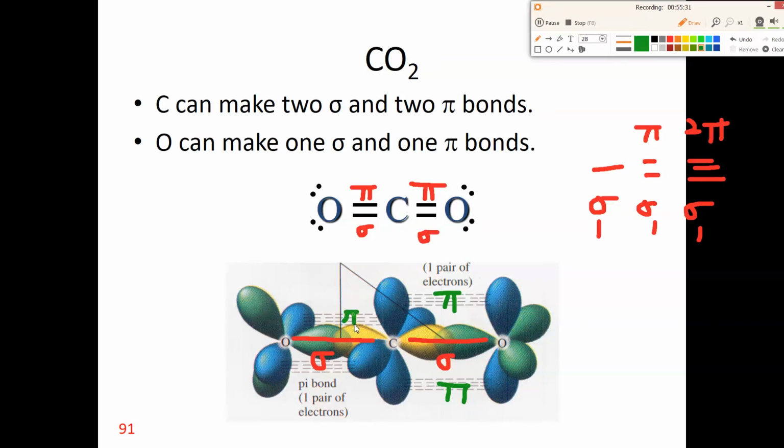If you see the orientation, perpendicular between this and this, and perpendicular between this and this sigma bond. So basically it's X, Y, and Z. Okay? So this 2 pi bond going to be perpendicular to each other.